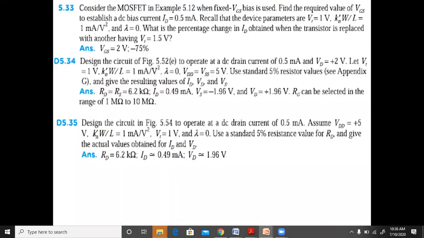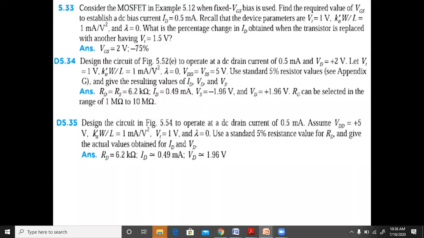For this value of ID, with VT equal to 1 volt, you can substitute in the equation ID is equal to half of Kn dash W by L times (VGS minus VT) whole square. ID is given as 0.5, we need to find out VGS, and that turns out to be 2 volts.